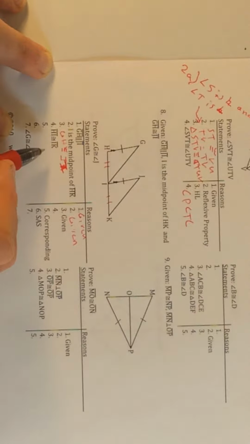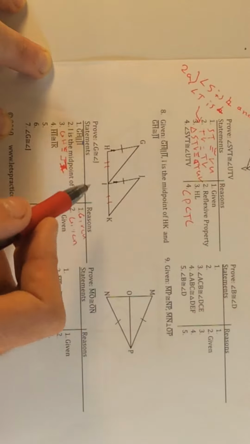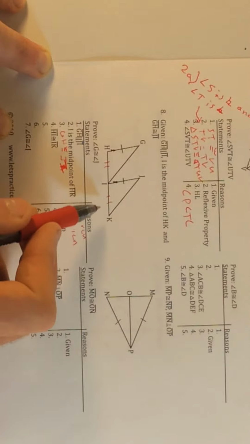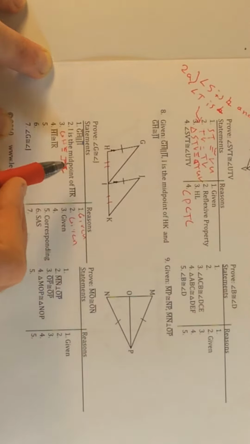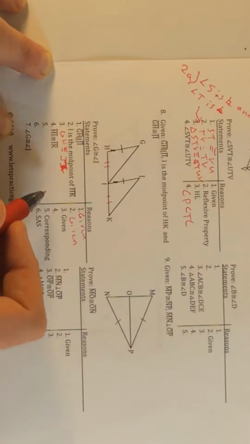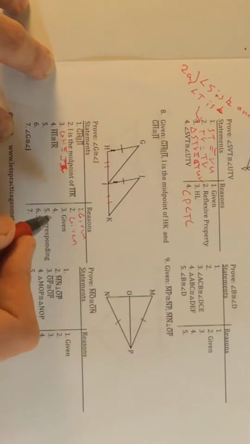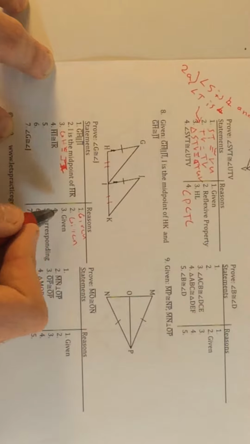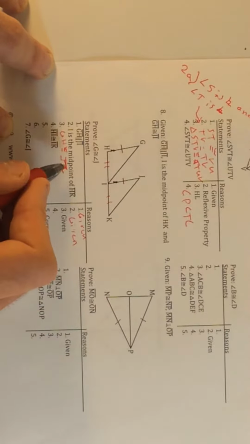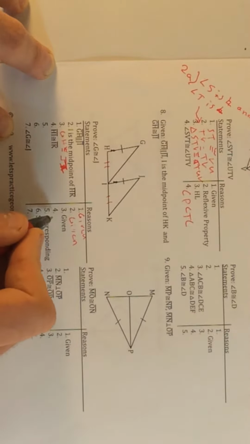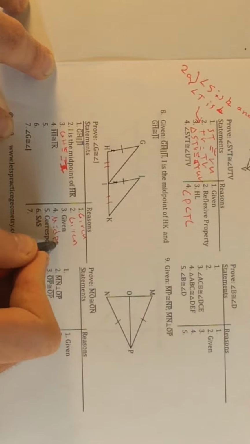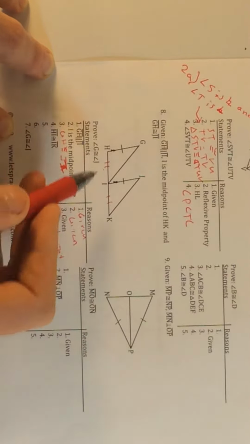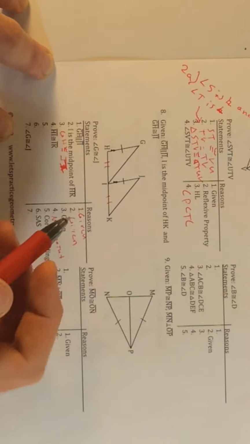And 4 says that HI is congruent to JK. This actually goes here. HI is congruent to JK because of the midpoint. So I'll just say midpoint, because this is the midpoint, so it's split into 2 even parts.